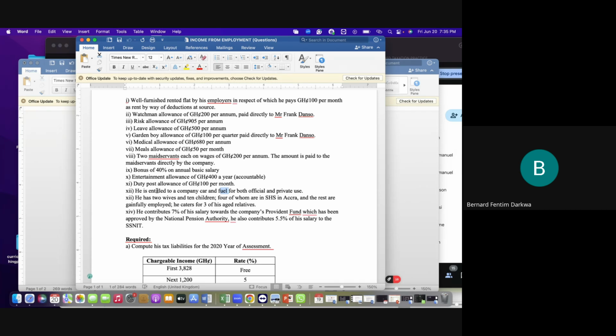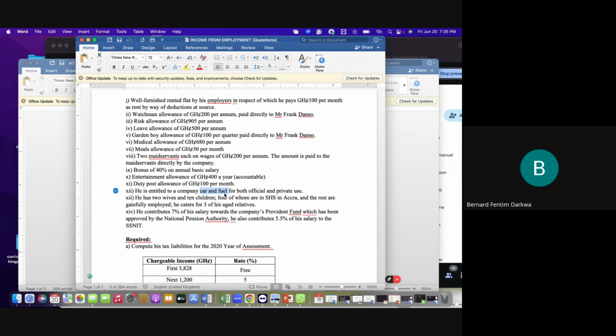So when an employee is given car and fuel, what percentage do we take? No, it was provided with car and fuel. See, there are two things. Car 10% and fuel. Do you agree to that as 10%? Yes.